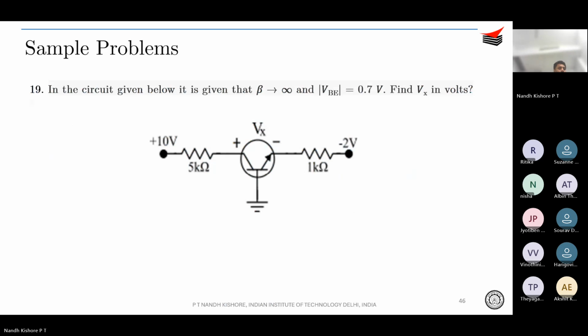Okay. So in the circuit given below, it is given that beta tends to infinity and VBE is 0.7 volt. Find Vx in volts. This is a very simple problem and it assumes an ideal BJT. That's why beta tends to infinity, but VBE is anyway 0.7 volts. Okay. So just apply KVL in this loop.